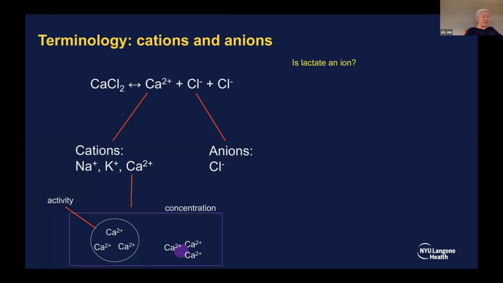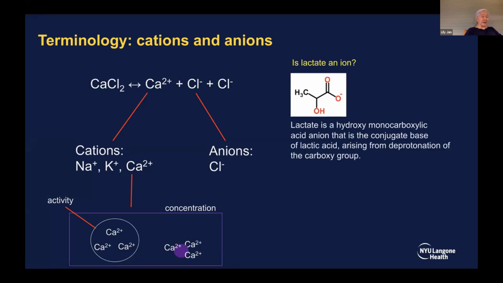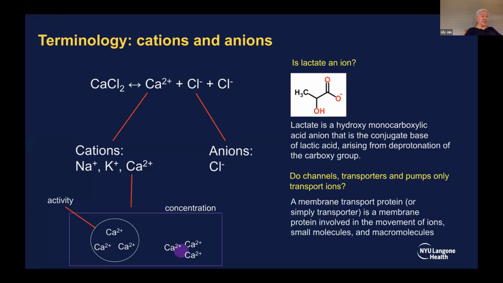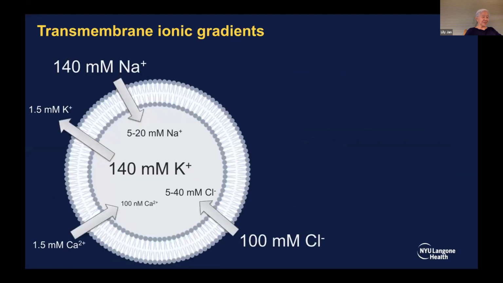Just a few exercises: lactate is an ion, because lactic acid dissolved in water will generate lactate as the anion and the proton. Do channels, transporters, and pumps only transport ions? Not exactly. For transporters, some move only ions across the membrane, while others may also transport uncharged molecules.